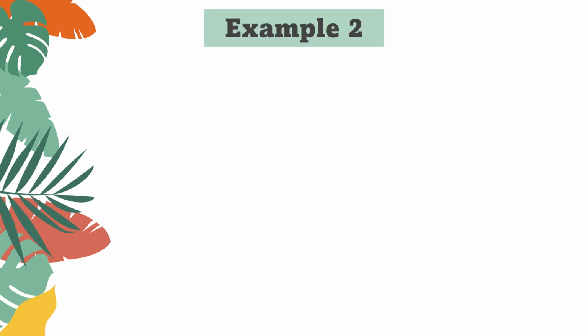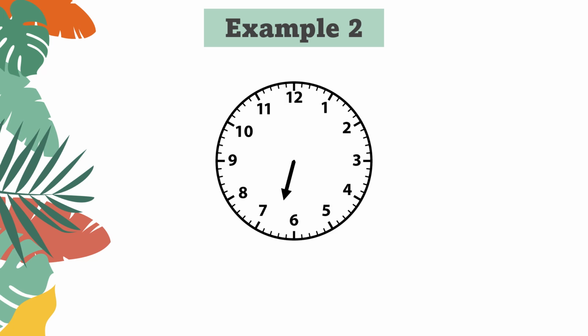Now we're going to do example 2. We're going to draw the minute hand. The time we need to draw is 6:35. The hour hand is already drawn, so we're going to focus on the minutes. It's 35 minutes. To count minutes, we do skip counting by 5.